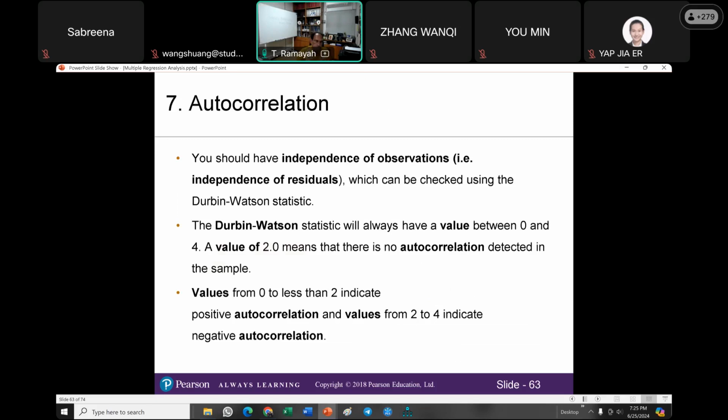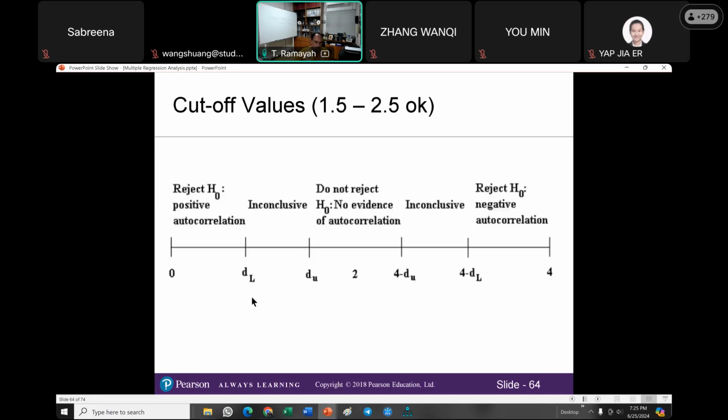And the last one that we will test for is called autocorrelation. For autocorrelation, we will look at a value called Durbin-Watson. For Durbin-Watson, any value from 1.5 to 2.5, we can consider there is no problem. The best number is 2. Any value 1.5 to 2.5 is okay.